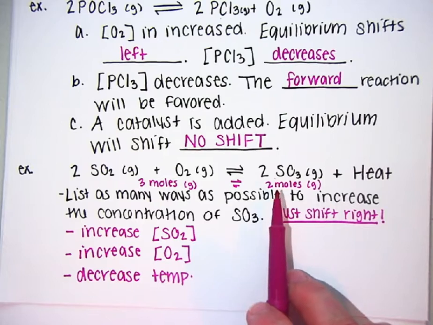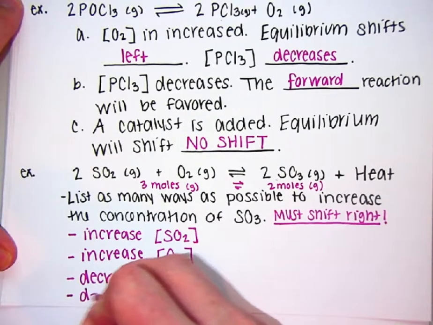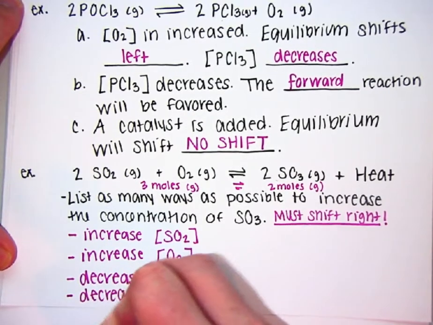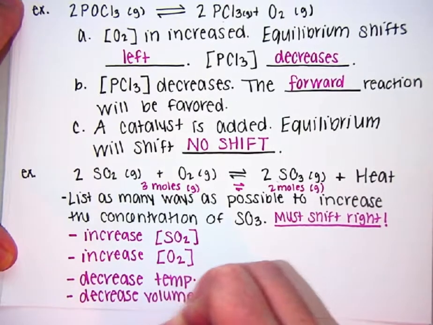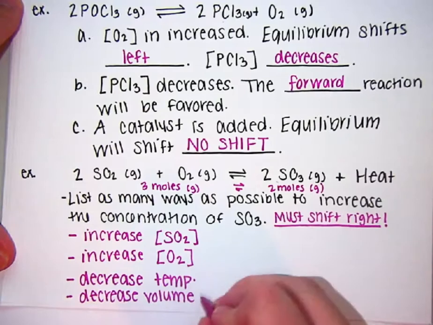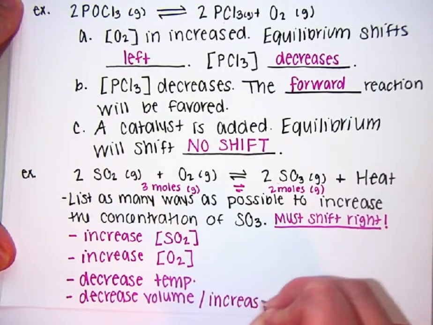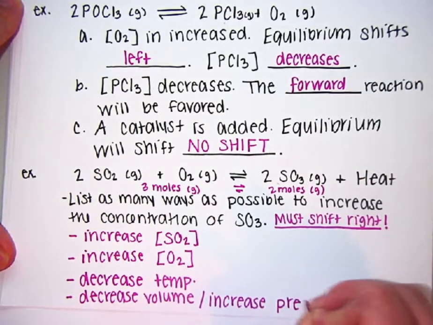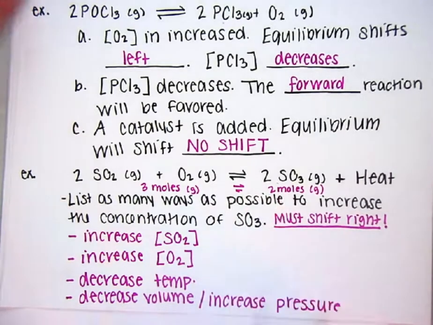That means it's going to be less space. So in order to force it to shift to the side with less space, we could decrease volume or increase pressure. If we increase pressure or decrease volume, we have less space. It's going to shift to the side with less moles of gas.